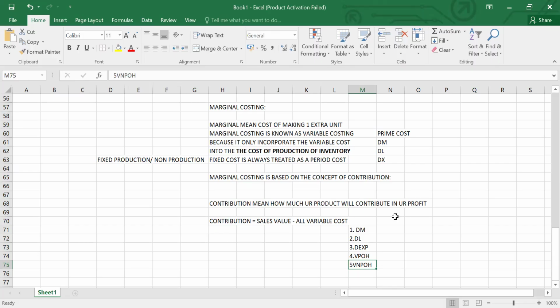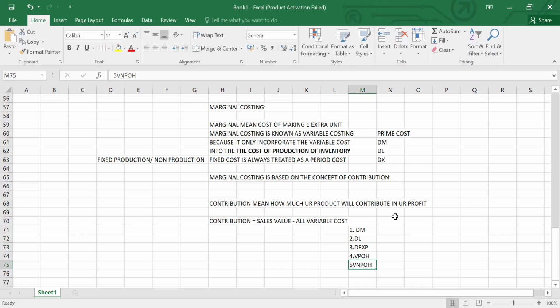Number two, when you are making a marginal statement of profit and loss, I'm repeating, variable non-production overhead cost is not included in the cost of sales, but is deducted separately.